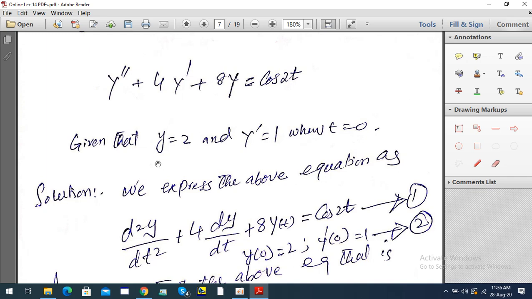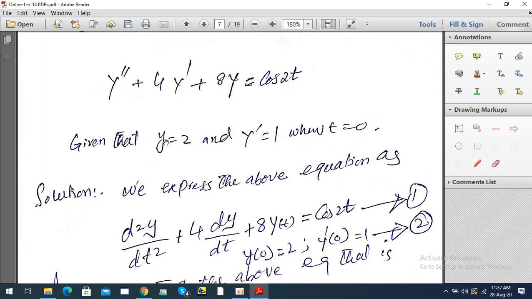These are the conditions: when t is 0, the function value is 2, and the first derivative of the function is 1 at t equal to 0. So this is the function value. When you find the solution, you have to find the dependent variable y. Once we find y, when we put t equal to 0, the result will be 2.